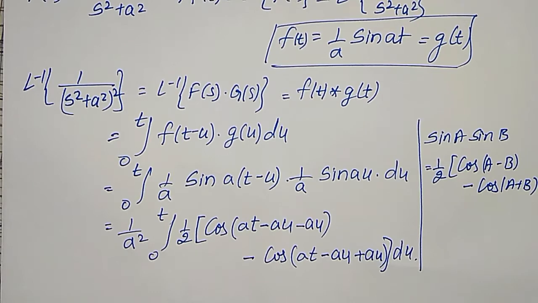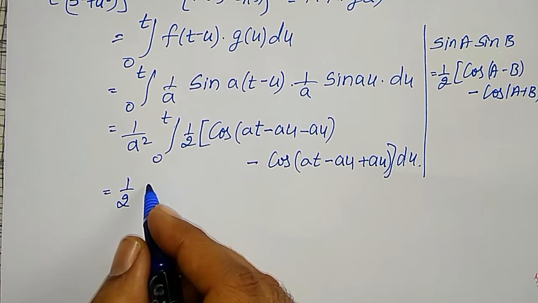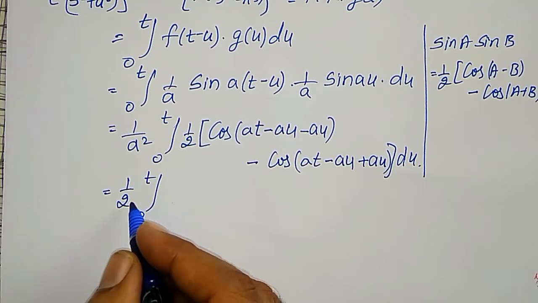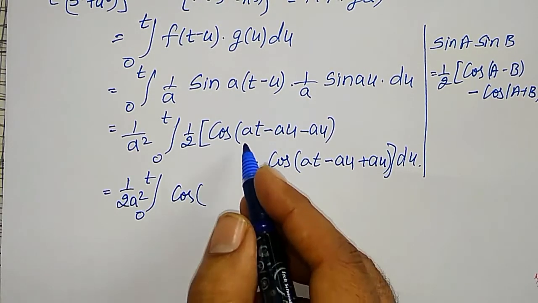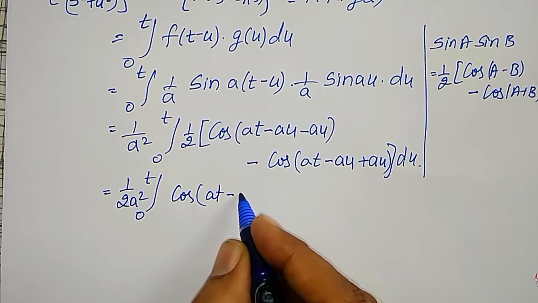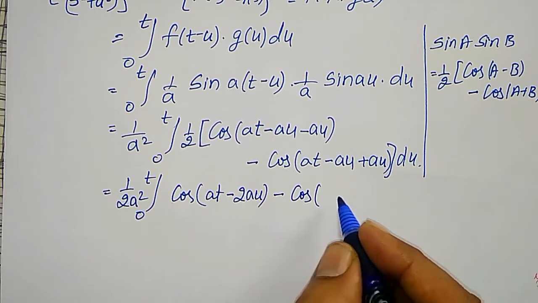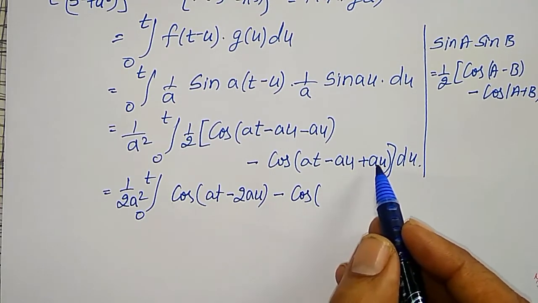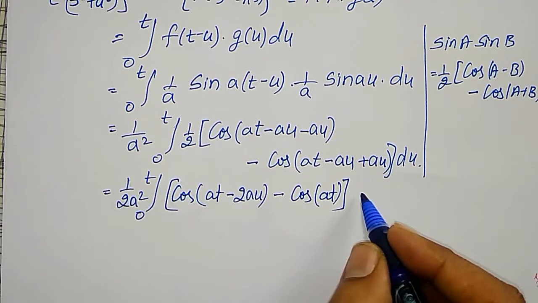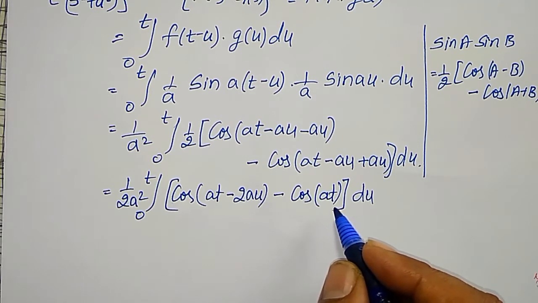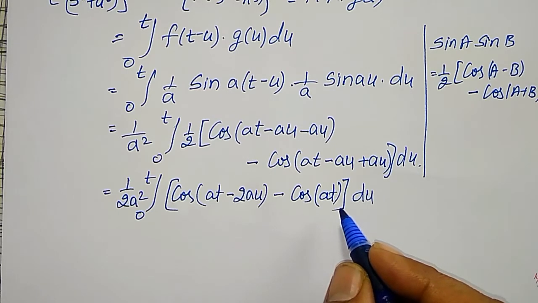Then 1 by 2 I can take common, and then it is easily integrable. 1 by 2 a square into the integration from 0 to t of cos of (at minus 2au) minus cos of at, because minus au and plus au cancel, only at will remain. And one thing you can remember here: we are integrating with respect to u, not with respect to t. That is again important here. Now we have to integrate this.